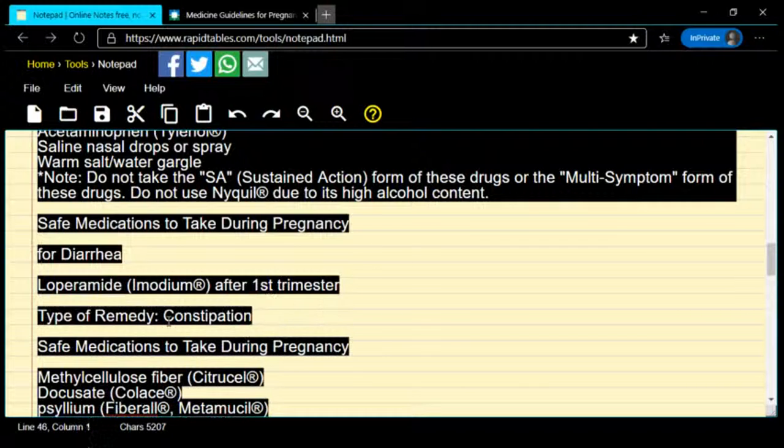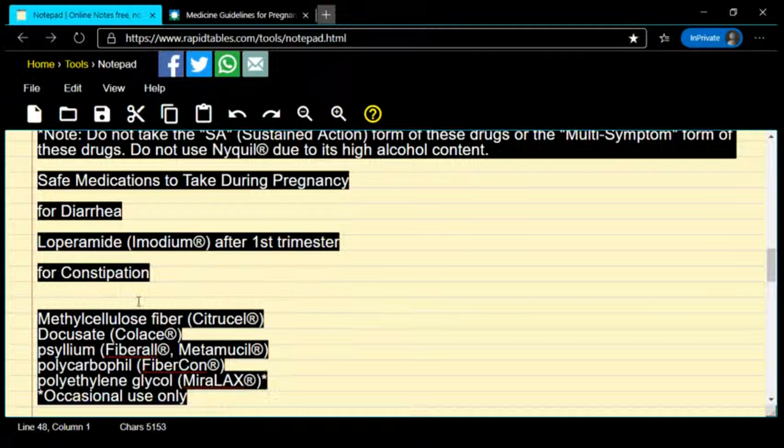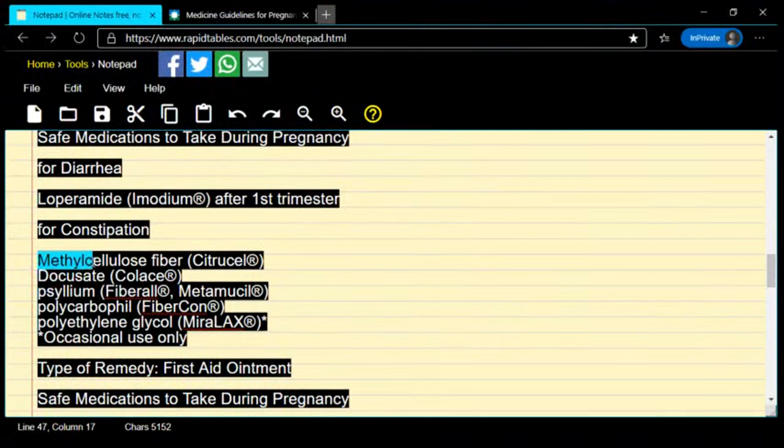And for constipation, methylcellulose, fiber, Citrucel, for constipation, methylcellulose fiber.